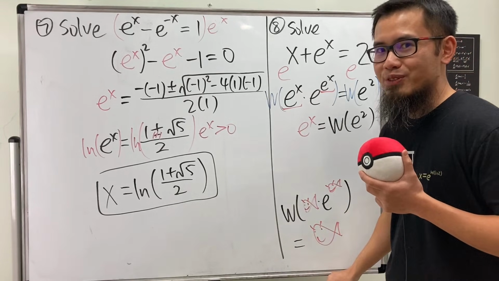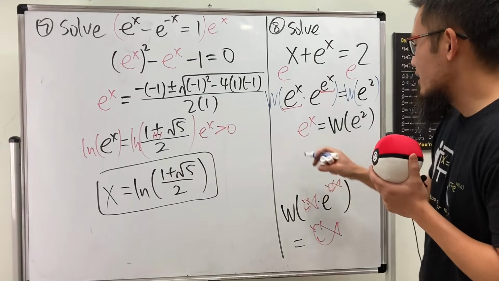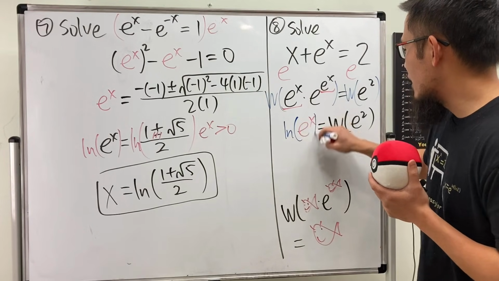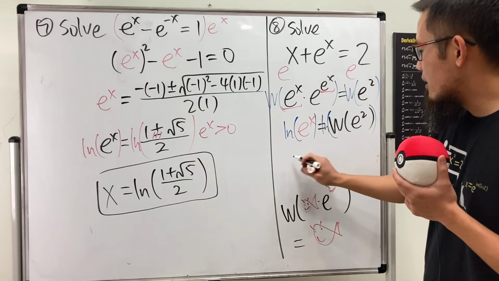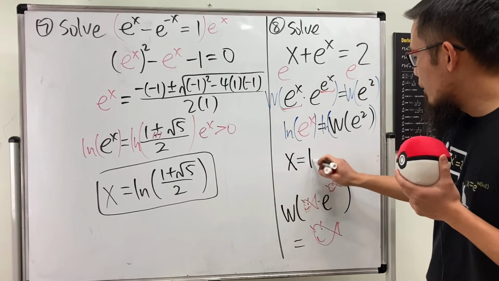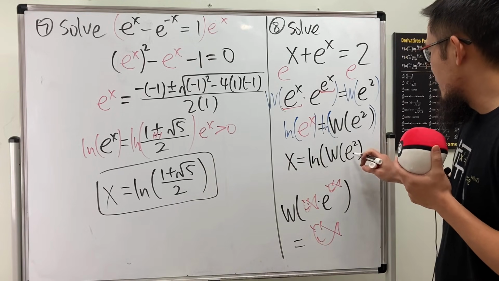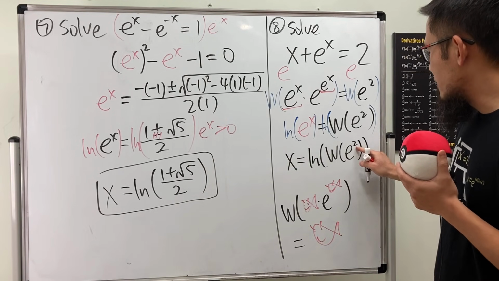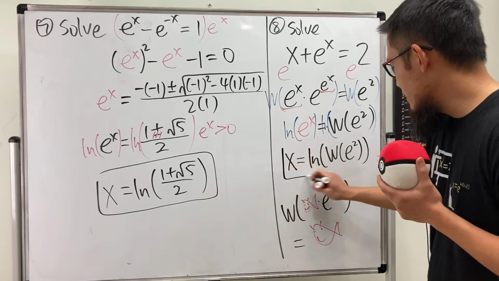How do we solve for x? You see, natural log and product log, they will work together in here. We just take the ln on both sides then. So, ladies and gentlemen, here x is equal to ln of W of e to the second power. Oh my god, I have the exponent here, I have the Lambert W function, I have the natural log right here. How cool is this?